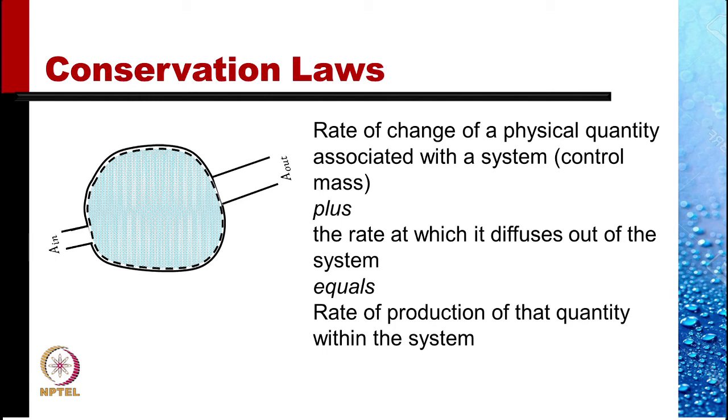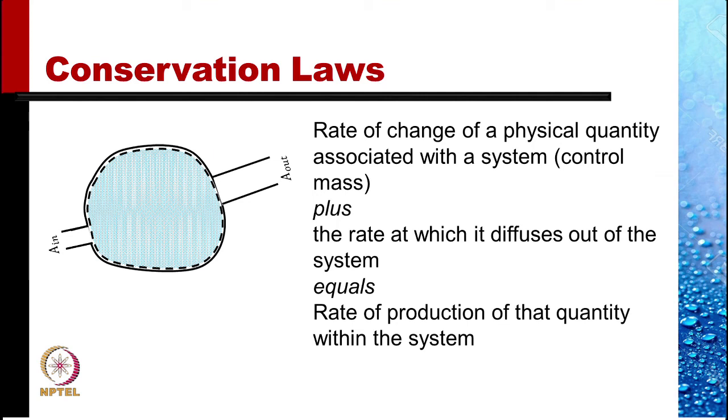The rate of change of physical quantity associated with the system minus the rate at which it diffuses out of the system is equal to the material rate of the quantity within the system, which is also equal to the rate of production of that quantity within the system. If that quantity were mass, the rate of production of that quantity is 0.